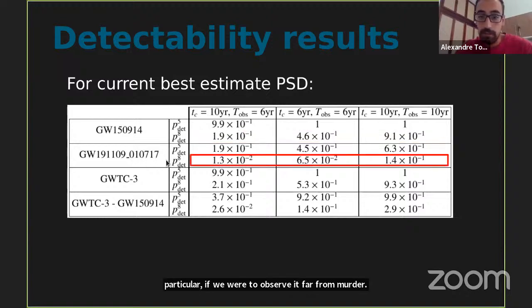Now, this other system here is the only one that has a higher than 10% probability of being directly detected, and this only in this most optimistic scenario.